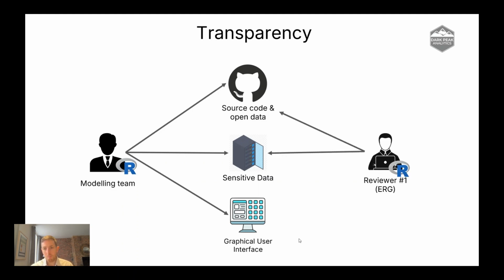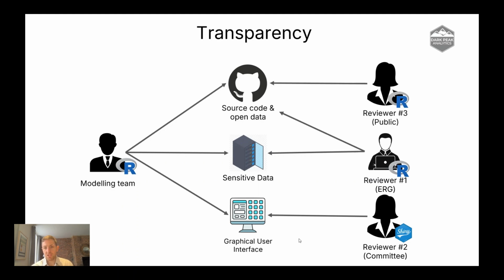So, for example, a reviewer from an ERG who was allowed access to some sensitive data and source code could review everything. They could go into the detail, exactly line by line, exactly what's happening. A second reviewer might be somebody like a decision maker or a committee member who doesn't want to go through the code line by line, but does want to understand the model itself, the inputs and the effects on results.